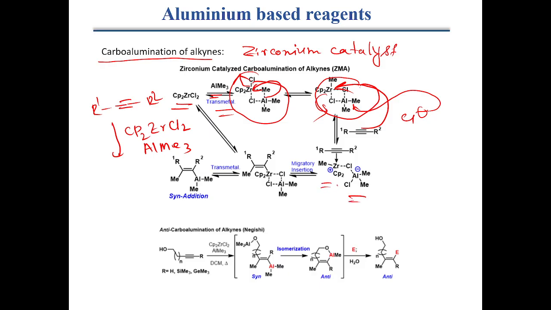From this zwitterionic species, there is a possibility of migration of this methyl, which comes from the aluminum center. It will attack on the R1 side, and this will neutralize this way. After that, there is a possibility of transmetallation.